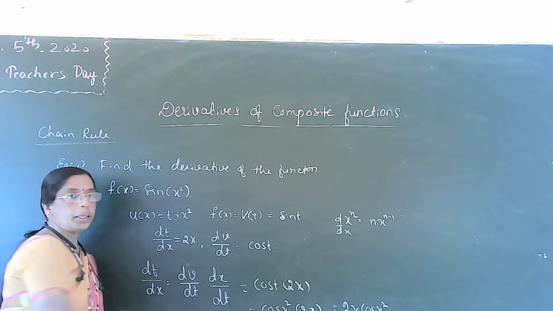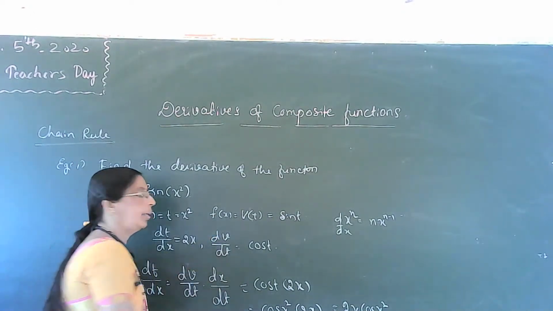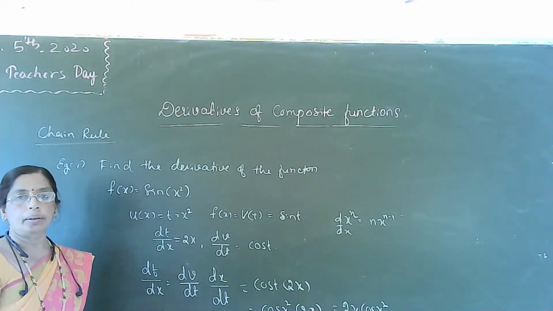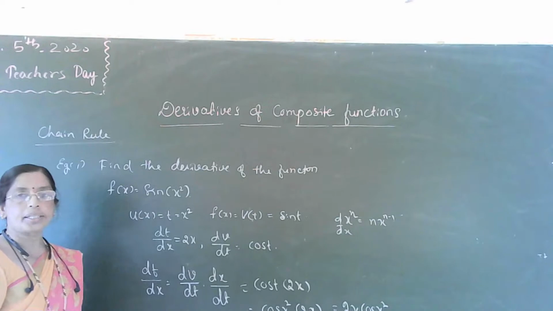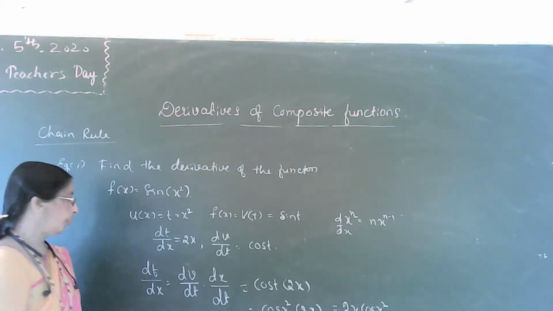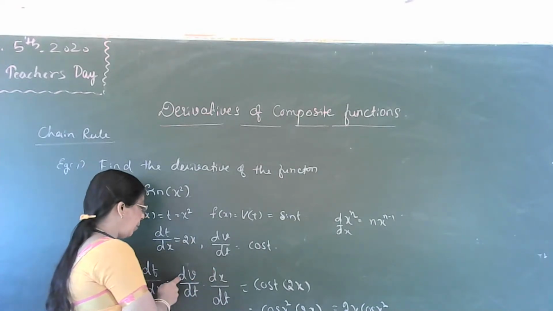Here, finding the dt by dx and dv by dt, then finding the value of the function, df by dx is equal to dv by dt into dt by dx.